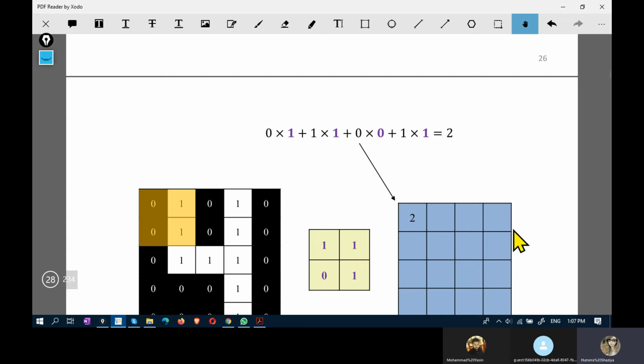This is the feature map. How are you getting this value for the feature map? You perform a multiplication operation. These image values are 0 1 0 1 and the filter values are 1 1 0 1. Then you get 1.